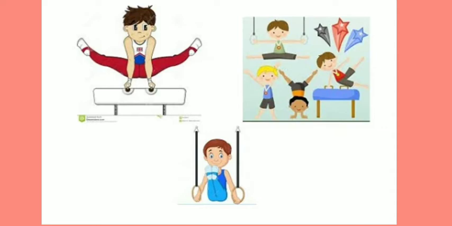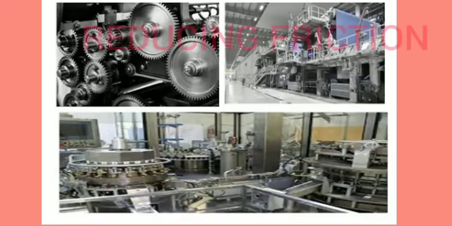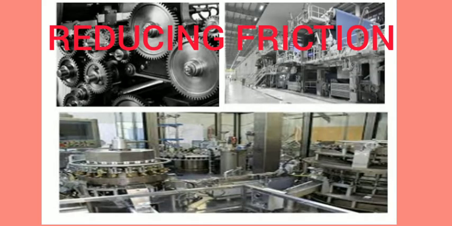Now let's talk about some examples related to reducing friction. One such example would be machines. As we discussed in the previous class, due to friction, lots of energy gets wasted as heat.